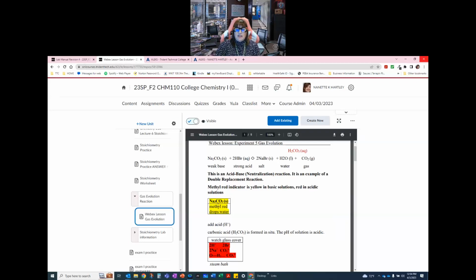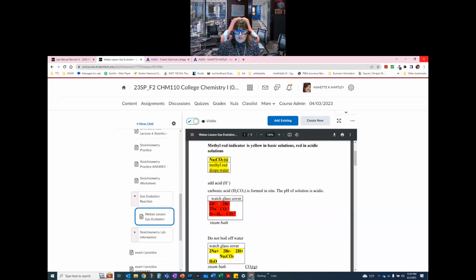So we initially add the Na2CO3, the methyl red, and some water, and that's a yellow solution. We add the acid, the amount that we think we're supposed to use. We make H2CO3, and that gives us this red color. So it goes from yellow to red because of the formation of the H2CO3.